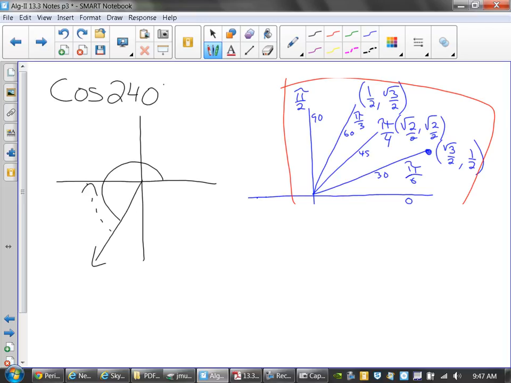And my reference angle is 60 degrees. Now in quadrant 1, 60 degrees has the cosine value of what? It's 1/2. So in quadrant 3, is cosine positive or negative? So your answer is negative 1/2. There you go.